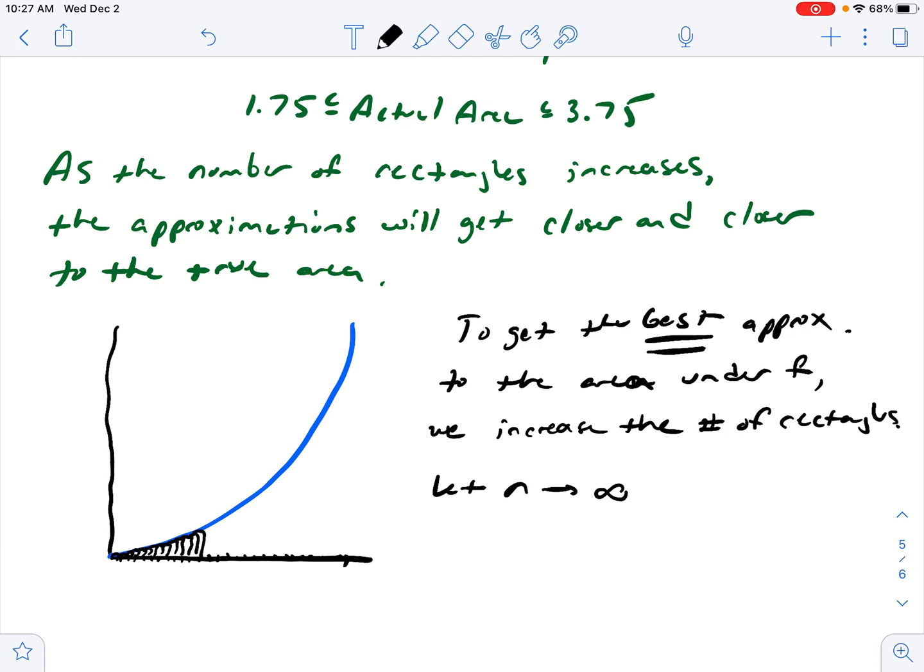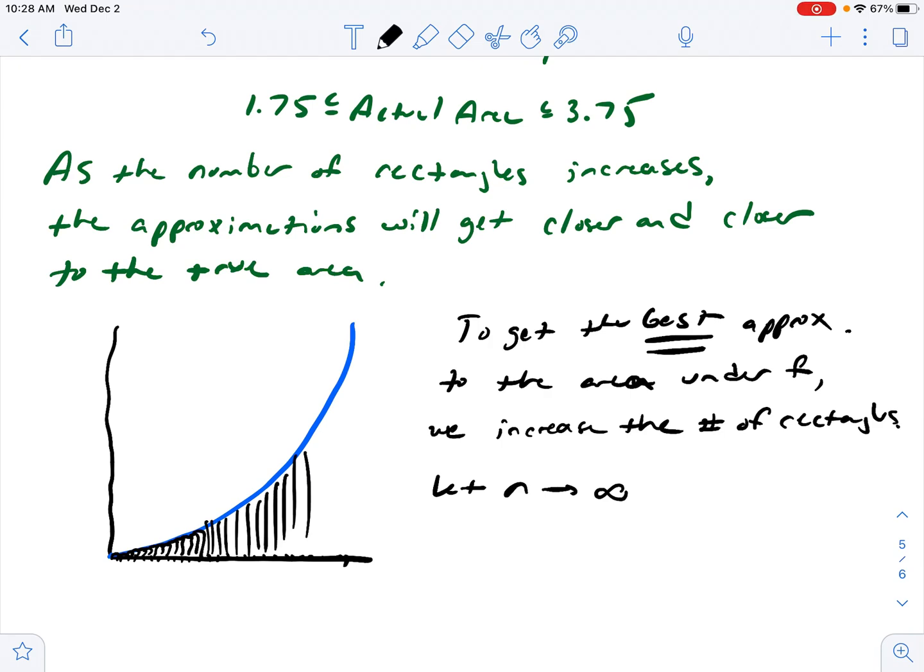In other words, let n go off to infinity. Let's have an infinite number of rectangles in here that are infinitesimally thin to fill up this region. Think about holding a sheet of paper and looking at it from the side. It doesn't seem to have much width, a single sheet of paper, as you look at it from the side. That's very thin. But if you take a whole ream of paper and put it together and look at it from the side, you have quite a bit of thickness.